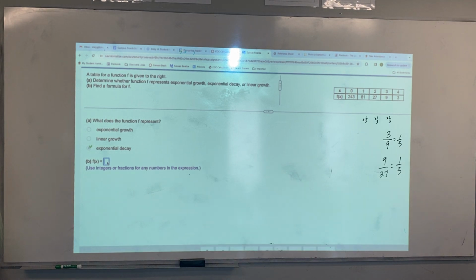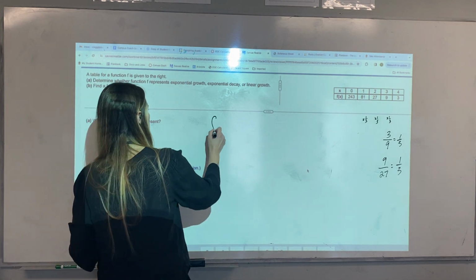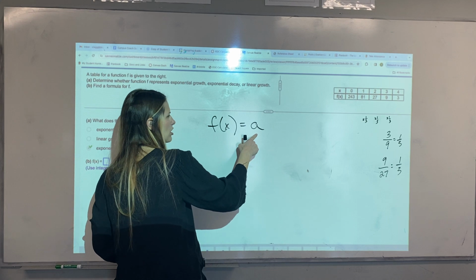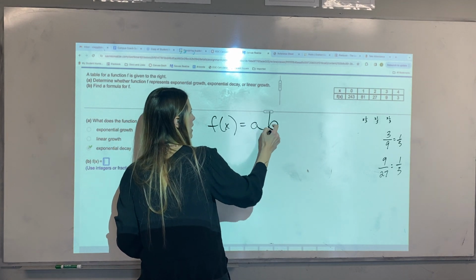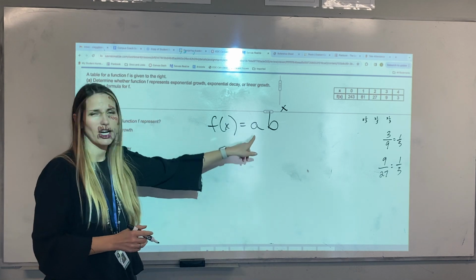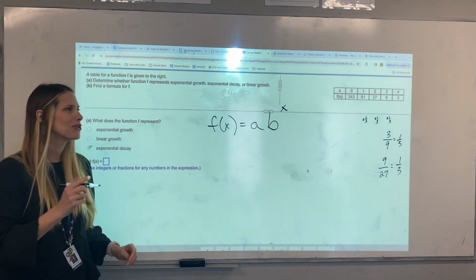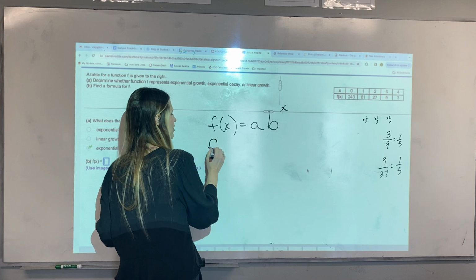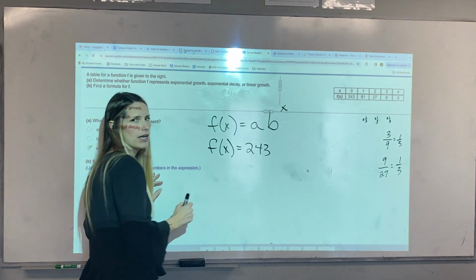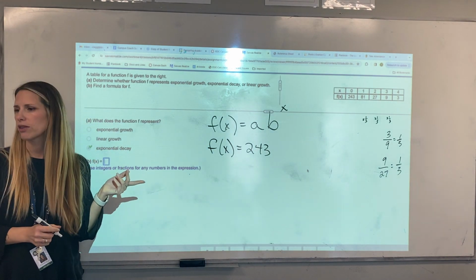Okay, so this is asking for the function. Now, for the function, I need my starting value, my initial amount, times my constant ratio to the x power. What's my starting amount? 243. 243, very good. So the function of x equals 243. Do you guys understand why it's 243?